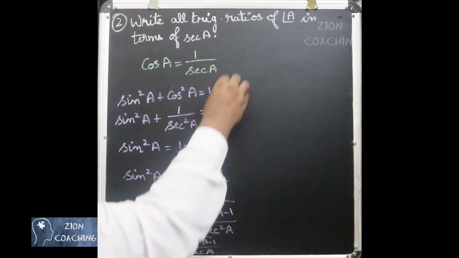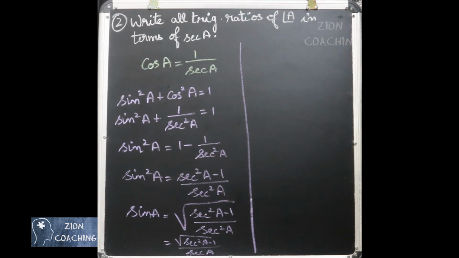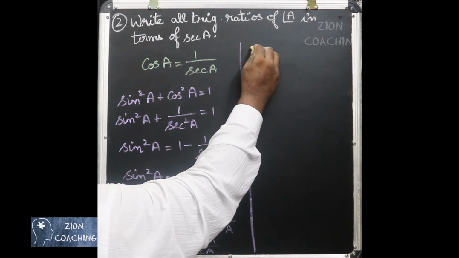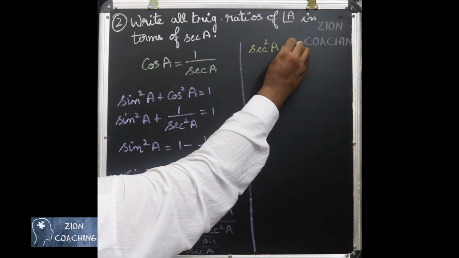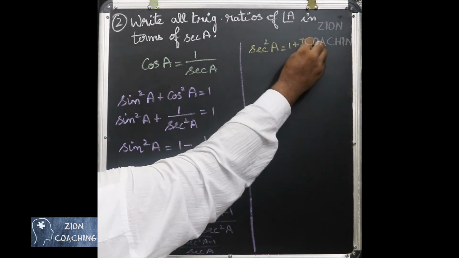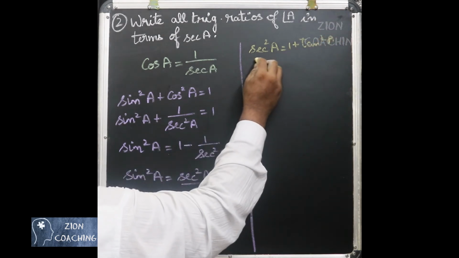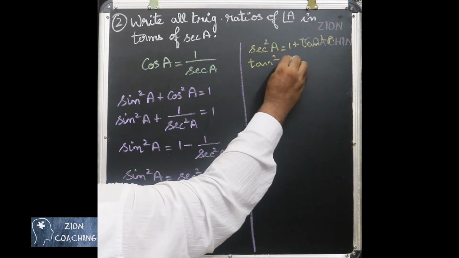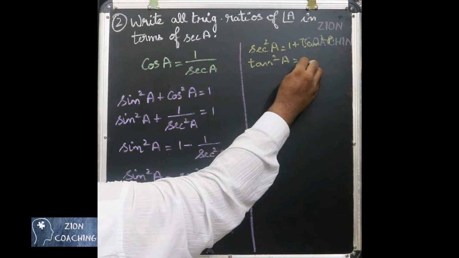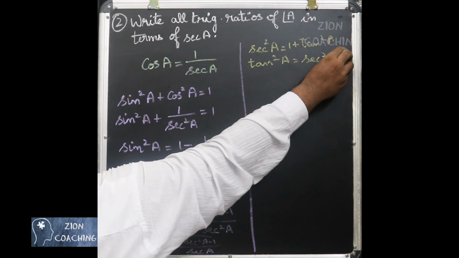Next we are going to express cosecant, tan and cot in terms of secant. We have the relationship secant squared A equal to 1 plus tan squared A. So now you can see that tan squared A is equal to, when you take this 1 to the other side, secant squared A minus 1.